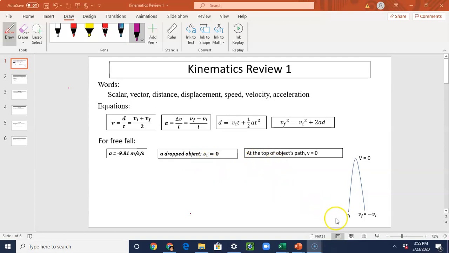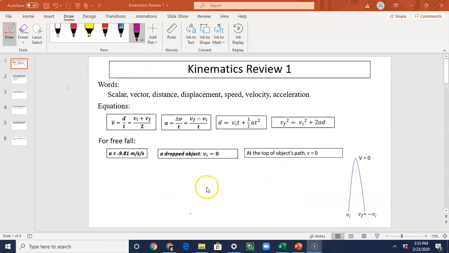For an object that's going up and coming down, we know the motion is symmetrical. That means the time going up is the same as the time coming down. At the very top, velocity equals 0. Also, acceleration is constant. Your initial velocity and final velocity have the same magnitude but opposite direction.